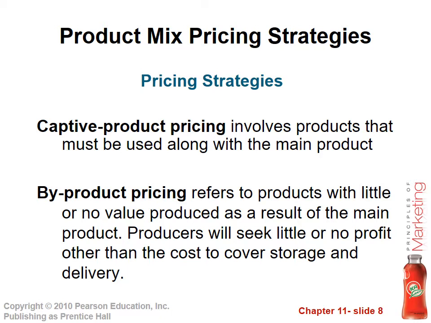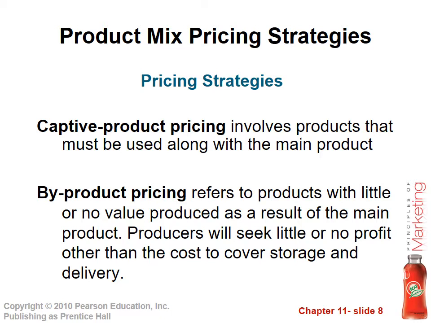Byproduct pricing refers to a product with little or no value produced as a result of the main product. The producer will seek little or no profit other than the cost to cover storage and delivery. Just for example, if you are a tailor, then you usually have some extra textile left in your store, and that textile can be sold to other people, so they can use those patches and mix them together and put them as a cover of a bag, let's say.